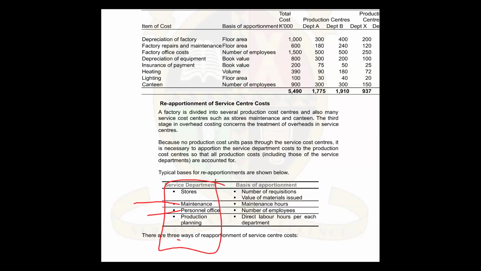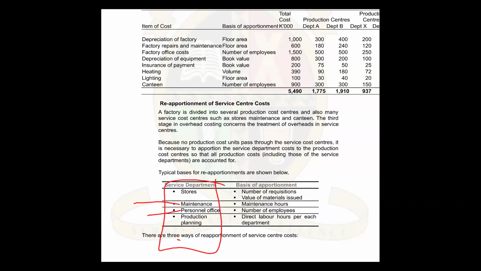Maybe let me also add what may not be there. Canteen, you might have heard of canteen, right? You could have a canteen as a department, basically those people trying to cook for you so that you can have meals as a company. Now that department, the canteen department, is a service department as well.